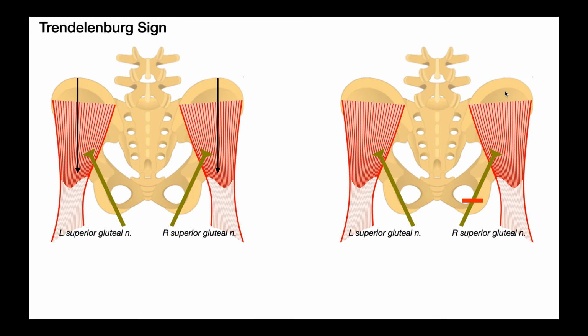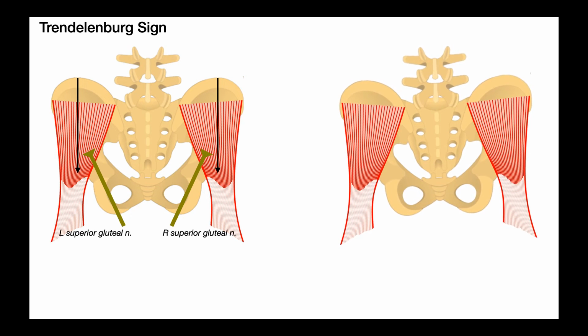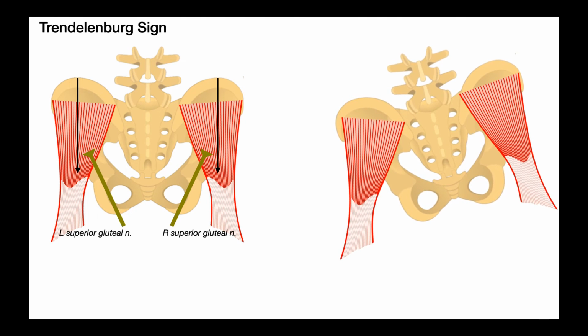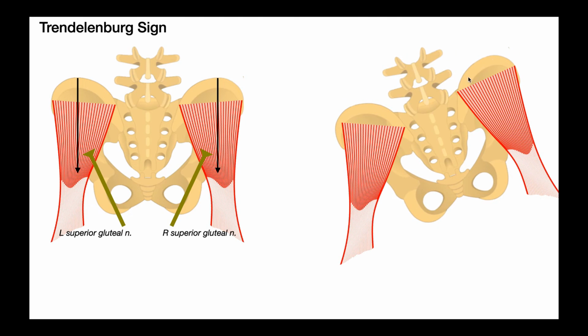So watch what's going to happen if this right gluteus medius, by whatever mechanism, cannot function. It can't hold the right half of the pelvis down during right single limb stance. So what happens? That side of the pelvis comes up and the other side just happens to drop as a result.